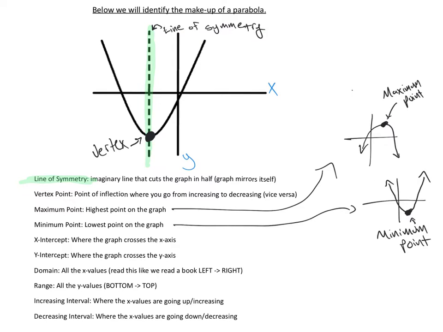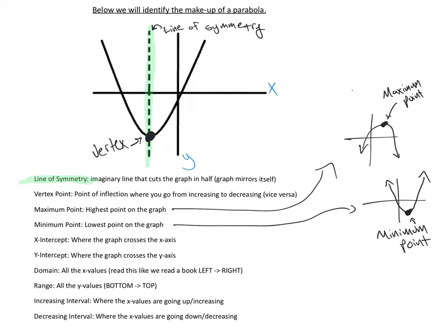As you can see there, the maximum point would be when your parabola's vertex is on top, the highest point in the graph. The minimum point would be the opposite, when your parabola's vertex is the lowest point on the graph.